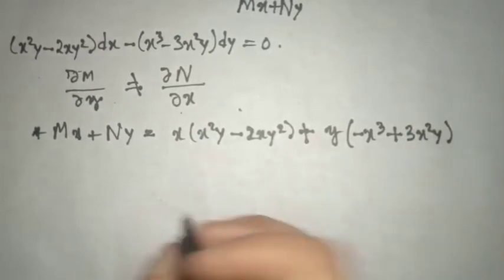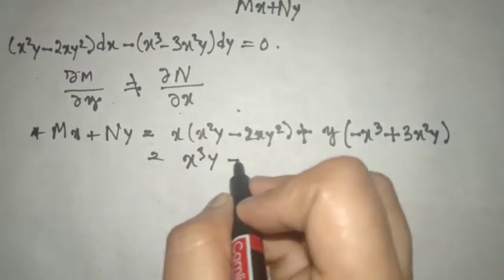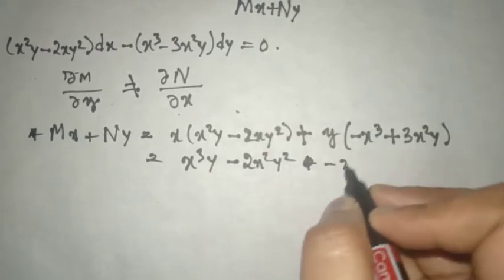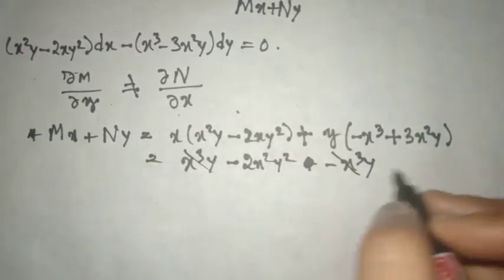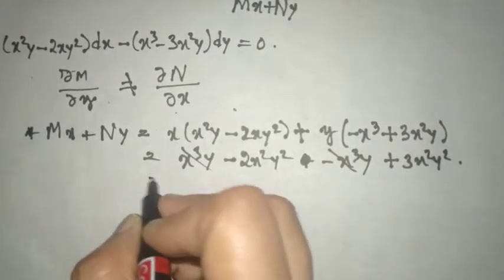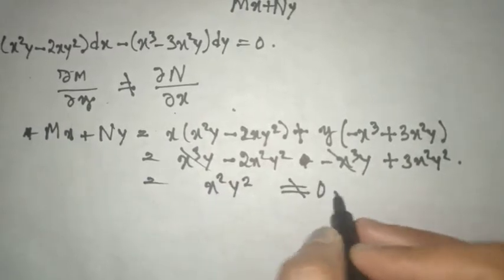Now this is equal to x cube y minus 2x square y square minus x cube y, this cancels, plus 3x square y square, which is equal to x square y square. This is not equal to 0, isn't it?